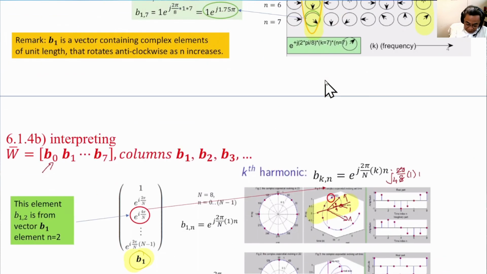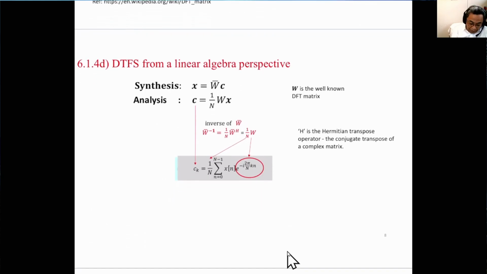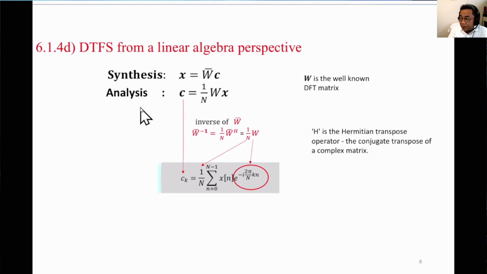Okay, with that, let's summarize the DTFS from a linear algebra perspective. The synthesis equation says that X is equal to W bar C, where W bar is the inverse of 1 over n W, and C in the analysis equation is 1 over n W X. Most books will show you the W matrix only, or W is the DFT matrix.